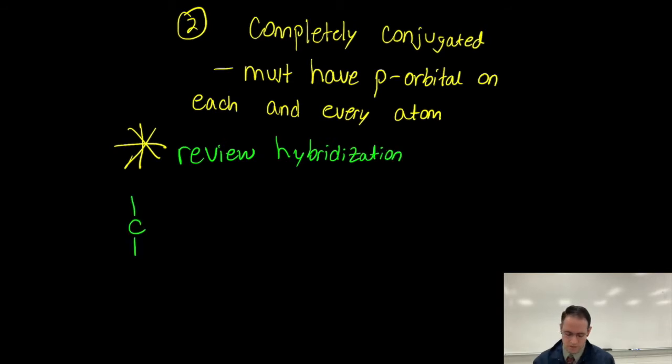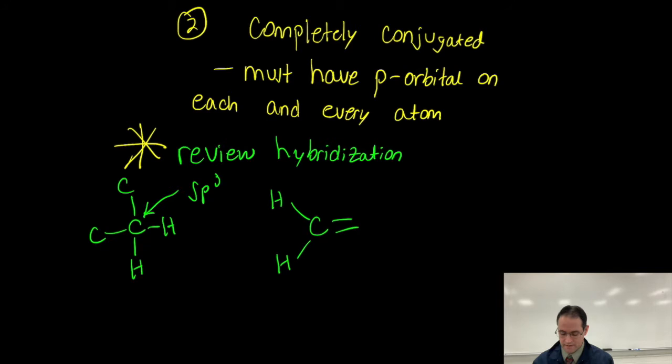Okay, so if you have a carbon that has 4 groups attached to it, let's just say like that, this carbon does not have a p orbital on it because it's sp3 hybridized. But if you have a carbon that looks like this, it doesn't matter too much what these atoms are on the outsides, that central atom is sp2 hybridized, and that has an opportunity to have a p orbital on it because a pi bond is made from a p orbital.